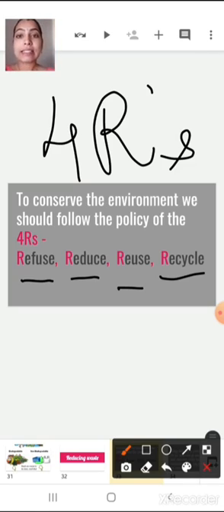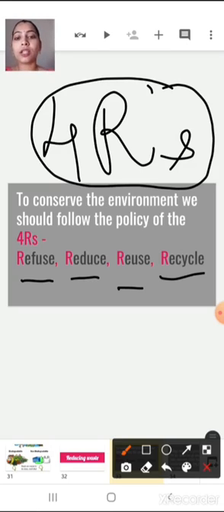Refuse, reduce, reuse and recycle. These are the 4 R's to conserve, to save the environment. If anybody asks you what the 4 R's to save or conserve the environment are, what will you reply?